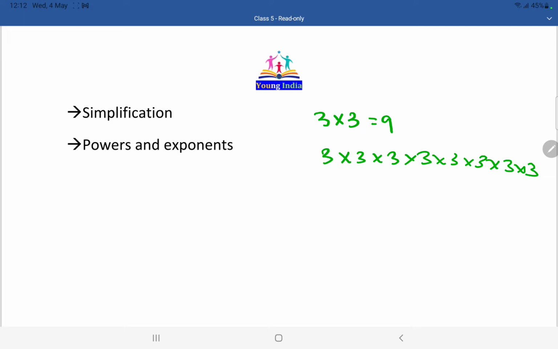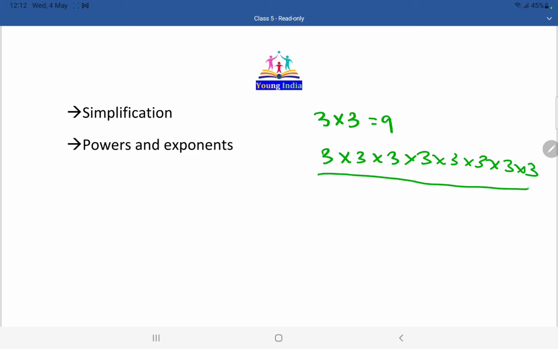Now how will you tell the answer? It will take a lot of time for you to tell the answer. It will waste all your time, right? That's why we have a topic called powers and exponents. These small kinds of questions, you can just tell the answer very quickly.